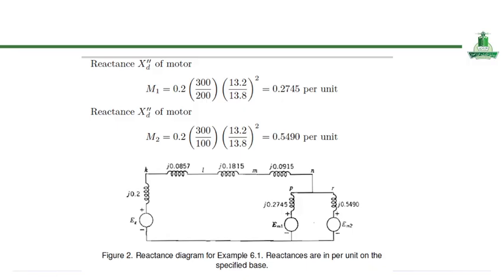For motor M1, the base power changes from 200 MVA to 300 MVA, so we need to multiply by this, and the voltage base adjustment can be applied here, resulting in a reactance of 0.2745 per unit. Similarly, motor M2, originally rated at 100 MVA, is converted to the same base, yielding the higher reactance of 0.5490 per unit.